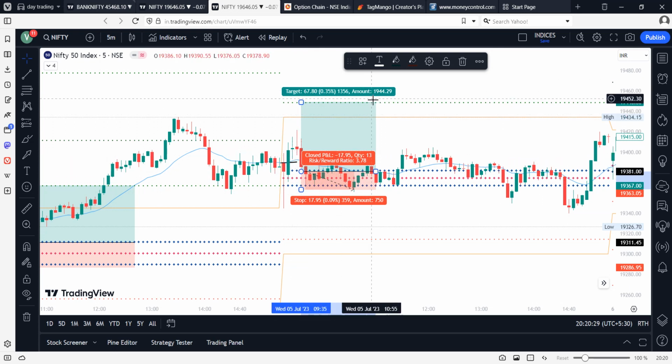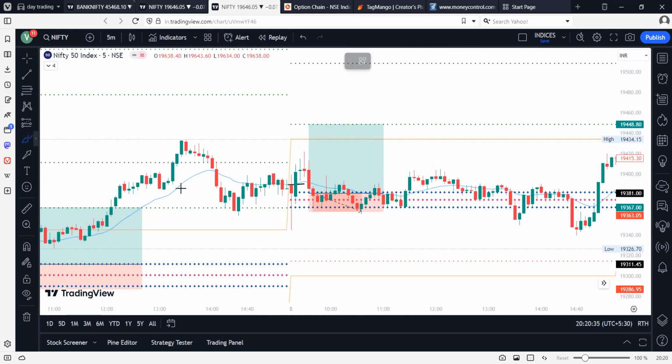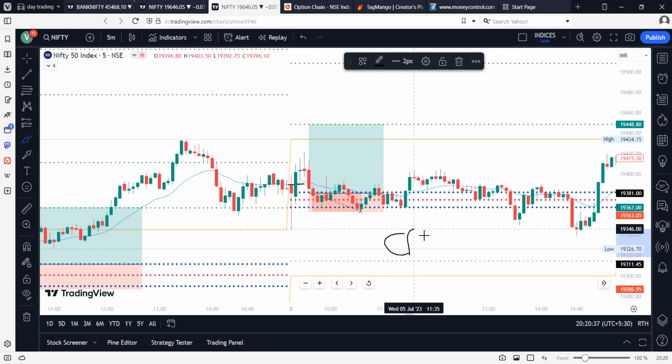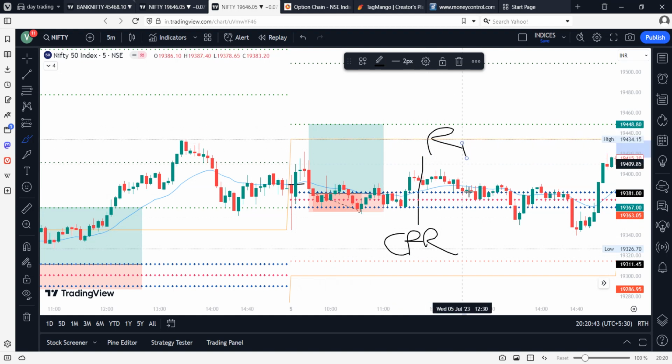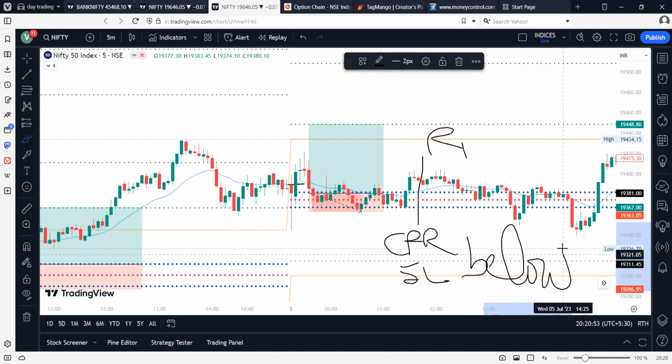The right method, when you enter at the CPR: profit taking will be at the R1, and SL will be below the CPR. This is the thumb rule. Only when the trade is forming this pattern you have to take the trade.